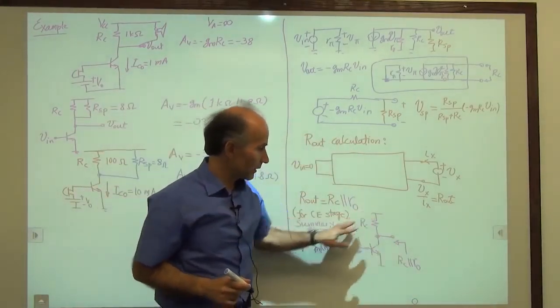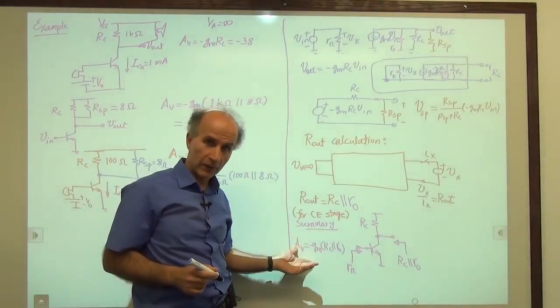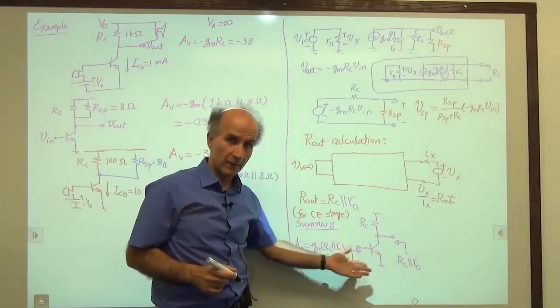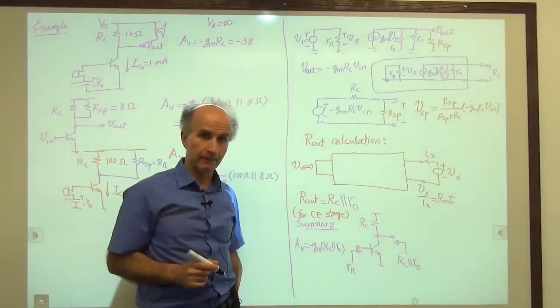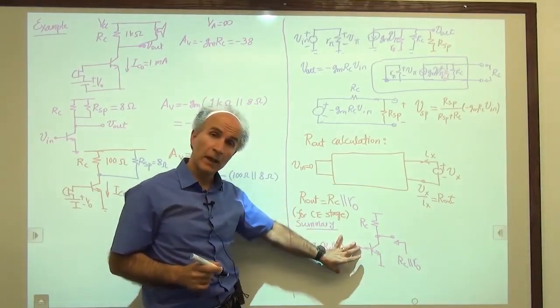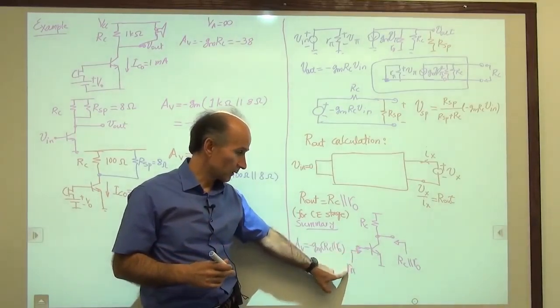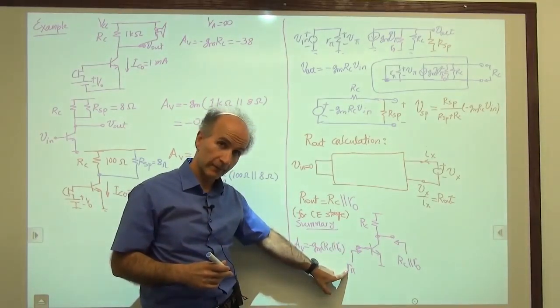So this quick picture will always stay in our mind, and we can always remember what the gain looks like, what the input impedance is, and what the output impedance is. So when we connect the circuit to a microphone, if the microphone has internal resistance, we have attenuation because of this R pi at the input.